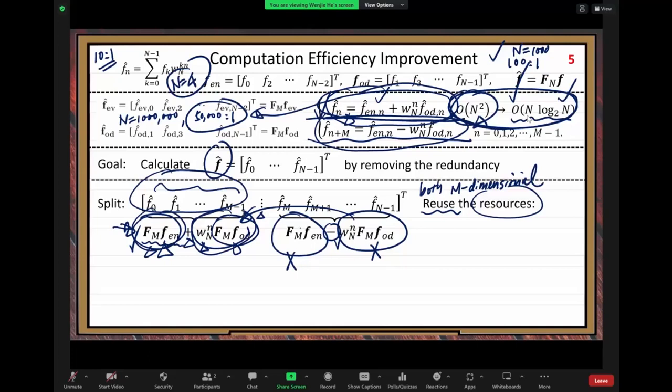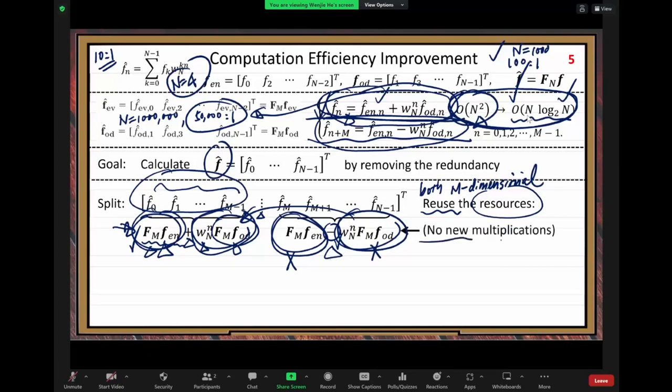So the second time, we should not recompute the same two vectors, right? We just retrieve them from the temporary storage and use them to do the subtraction. Then we do not need to do any new multiplication.